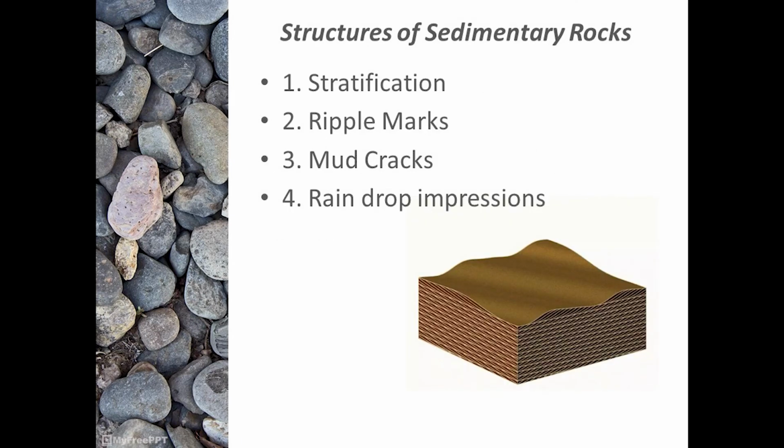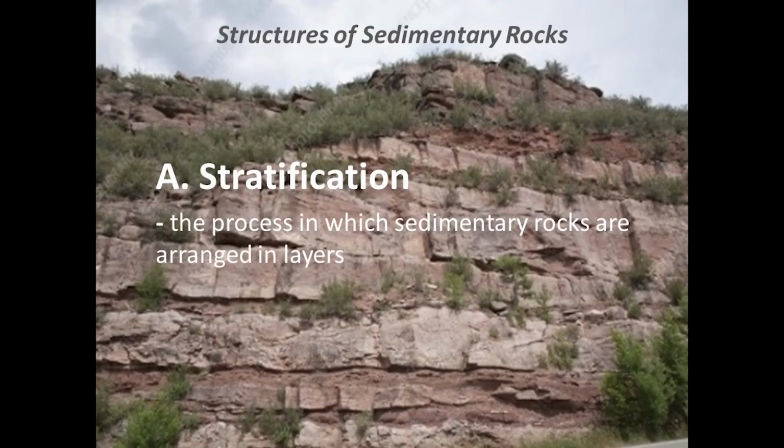Now let's go on to the structures of sedimentary rocks. The noticeable features of sedimentary rocks are the following. We have stratification, ripple marks, mud cracks, and raindrop impressions. When we say stratification, it is the process in which sedimentary rocks are arranged in layers.